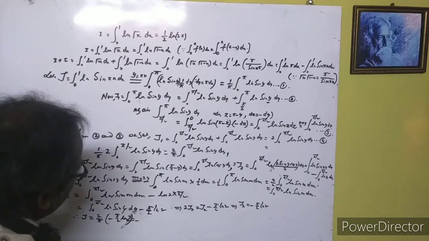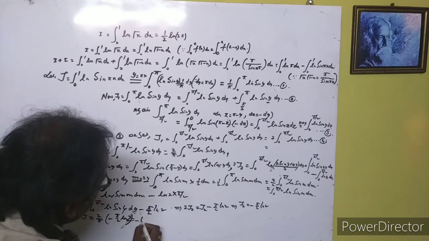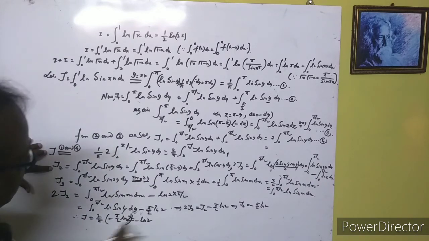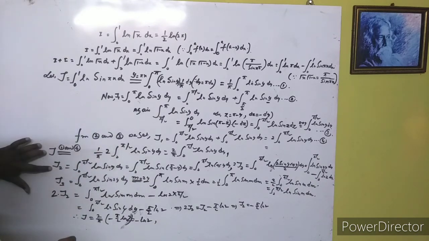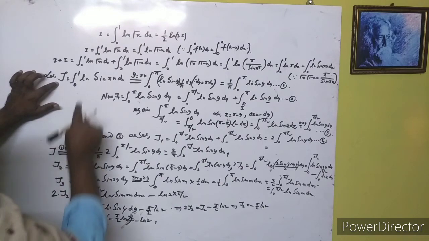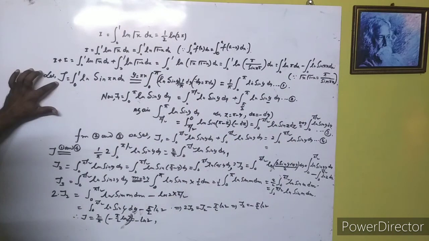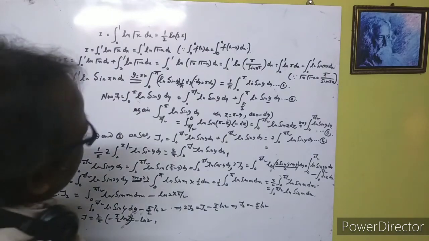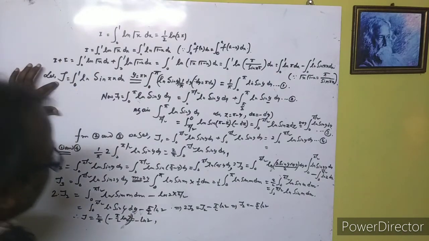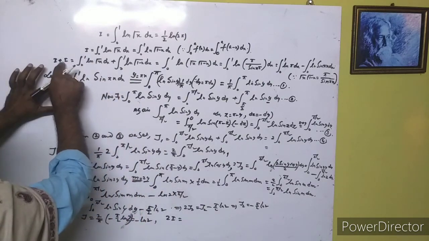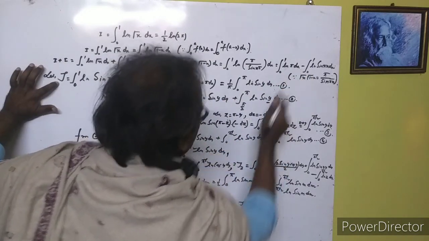Okay, this is ln 2 minus only ln 2, pi by 2 are cancelled, minus ln 2. Okay, and this is here j, and this is the value of j, means is this. See here is this. Okay, and this is here j, therefore 2y, and this 2y is equal to this.